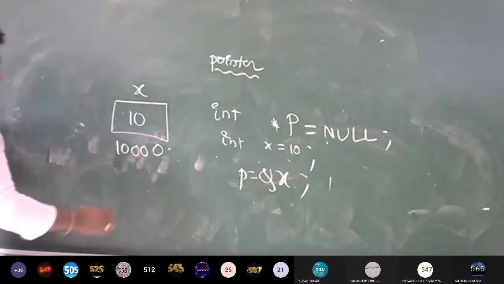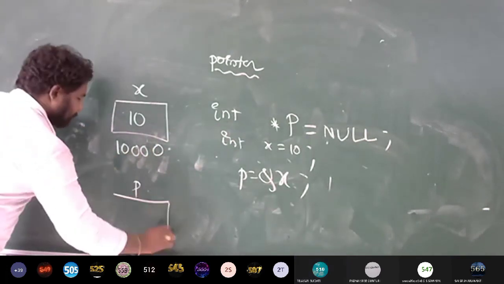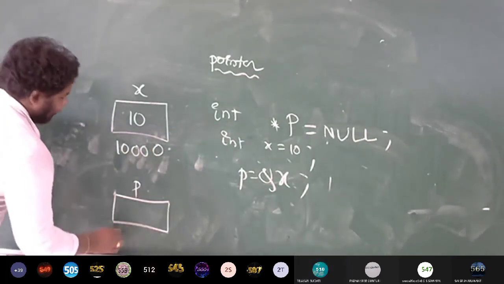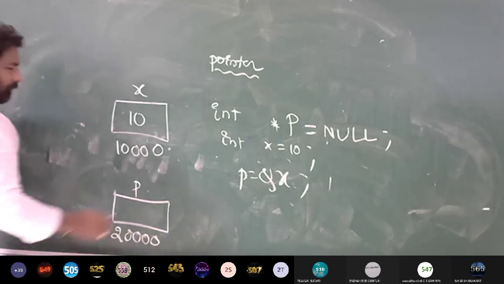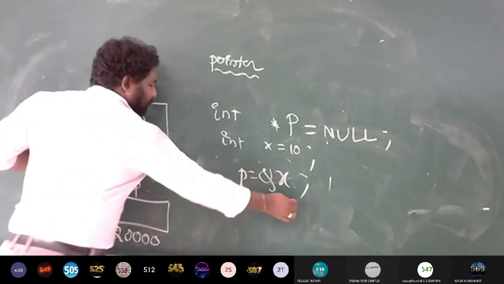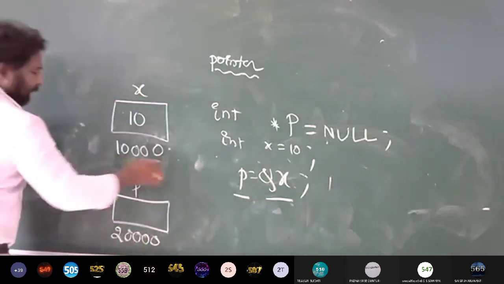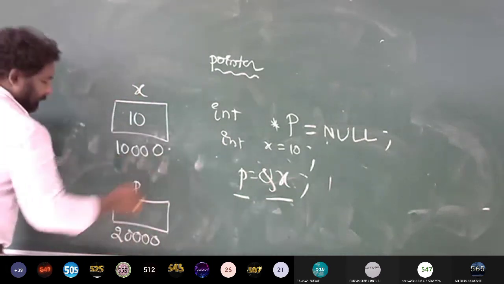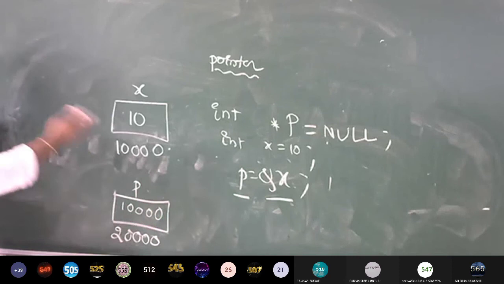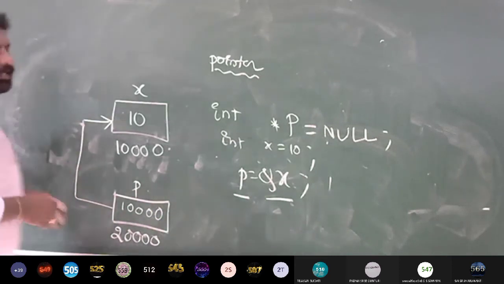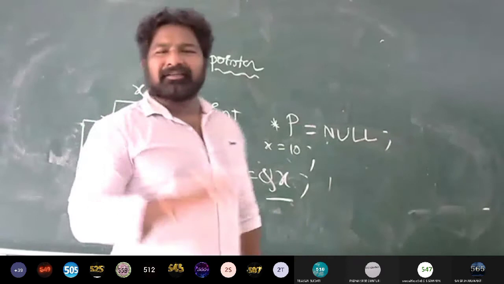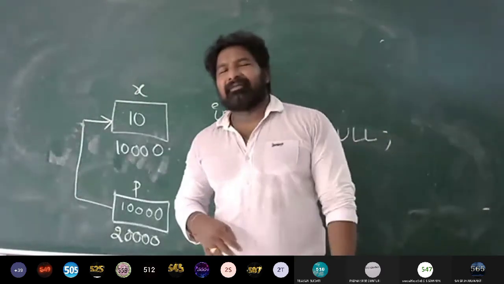And P is also created here, and its address is 20,000. When you say P equals ampersand X, the address of X, that is 10,000, will come to P, and we assume P is pointing to X. P is watching X. That's the logic we follow, right?